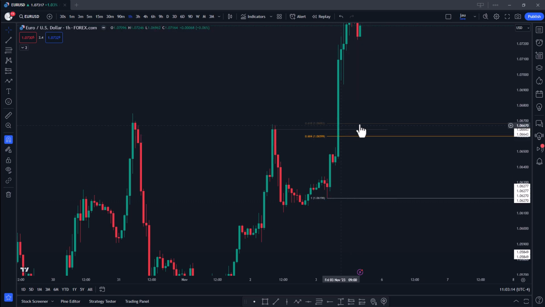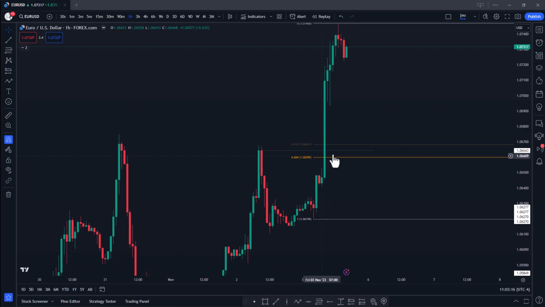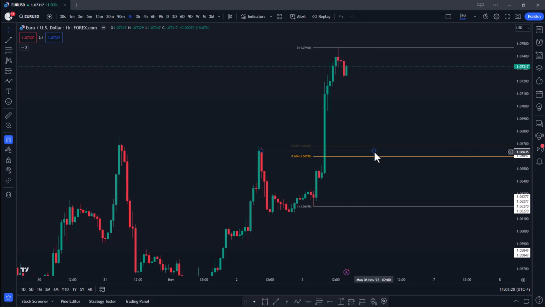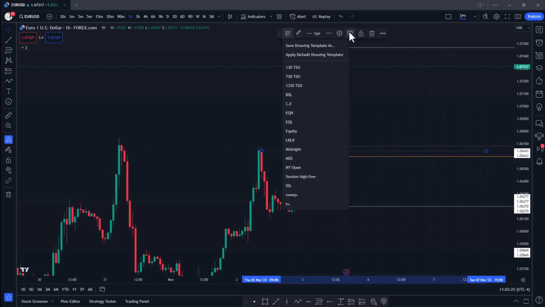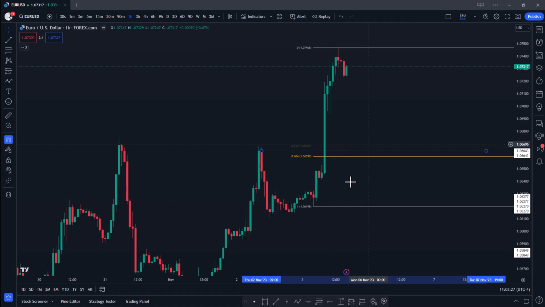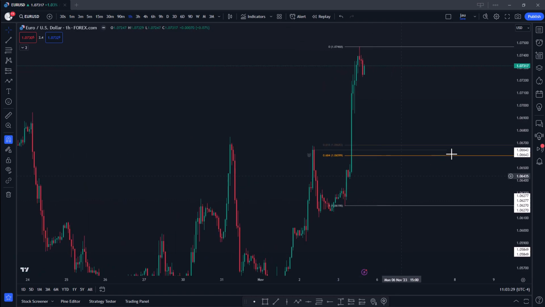So anywhere within this area could be a perfect entry to take the euro to the upside. So we can set this as an alert of some sort to see if we'll get any opportunities within the week.